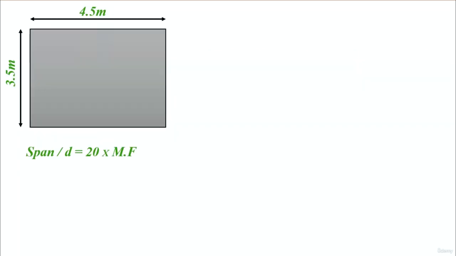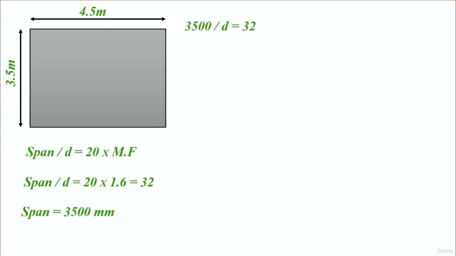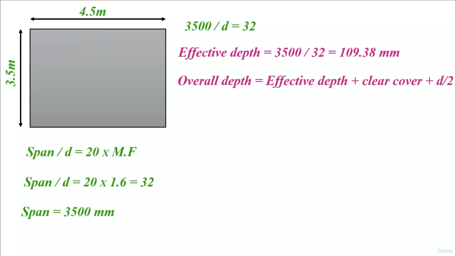Span to depth ratio is equal to 20 multiplied by the modification factor. We know the modification factor is 1.6 and the span is 3.5 meters, 3500 mm. Always consider the shorter span. So 3500 divided by 32 gives the effective depth, that is 109.38 mm. Overall depth is equal to effective depth plus clear cover plus dia by 2.